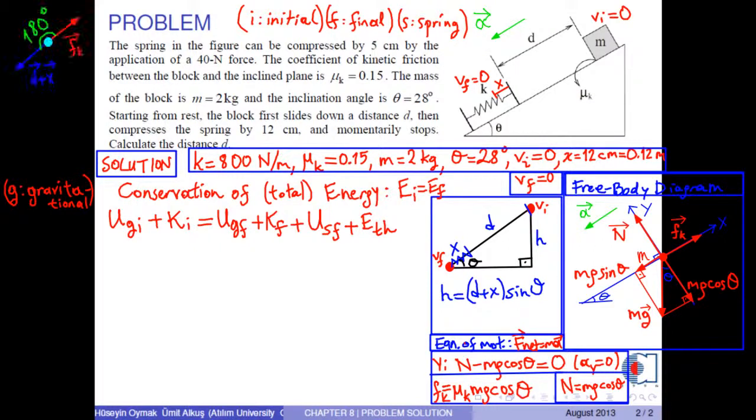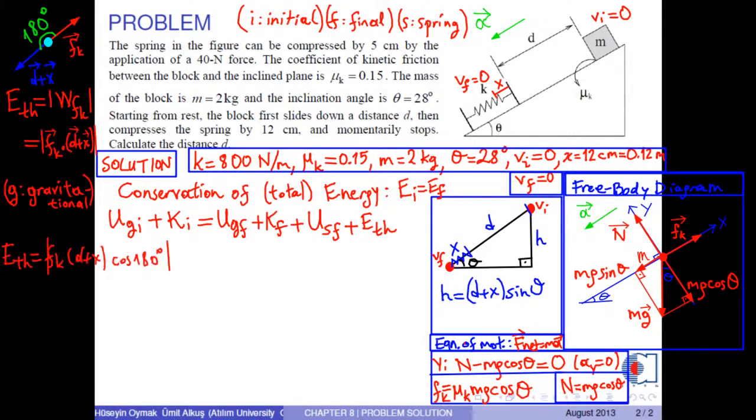Its value is equal to the absolute value of the work done by the kinetic frictional force. Namely, the absolute value of the dot product Fk dot (d plus x), where d plus x is the total distance during the motion for the block m.